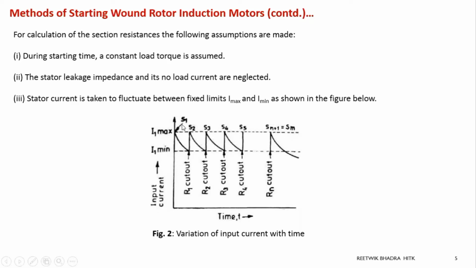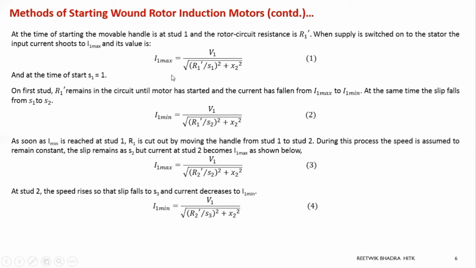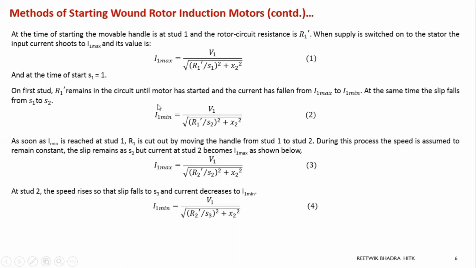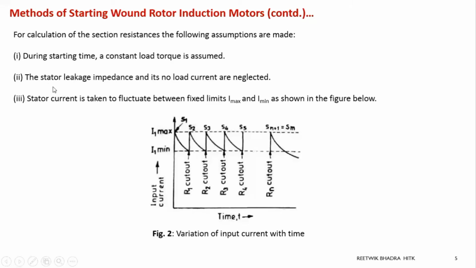So as soon as we give a supply, a maximum current flows and the resistance brings the current to a lower value after some microseconds. So that's why at starting we have taken I1 max at some slip S1. Now that I1 max, how will you calculate the current? V by Z. Sorry, stator leakage impedance is only neglected.